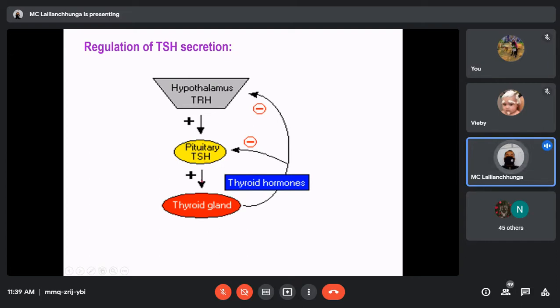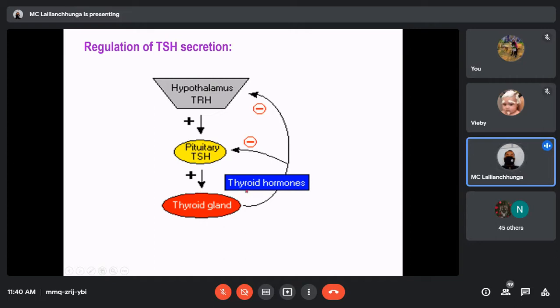Then TSH is secreted into the bloodstream, and when it reaches the thyroid gland, it will bind to its receptors in the thyroid gland. This will lead to the secretion and production of thyroid hormones T3 and T4. The thyroid hormone concentration keeps on increasing, but when it reaches the maximal level, these thyroid hormones themselves will have a negative feedback on the hypothalamus to decrease TRH secretion as well as on the pituitary thyrotropes to decrease TSH secretion, so that the level will go down again.